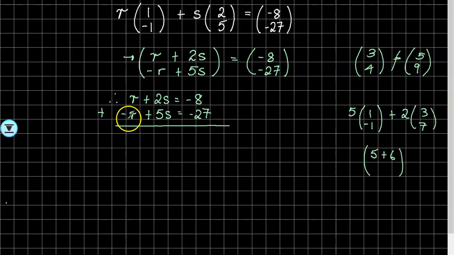So R plus minus R, no R. 2S plus 5S is 7S. Minus 8 plus minus 27 is minus 35, isn't that nice? And so therefore S is minus 5. Sub that back in, and away we go.